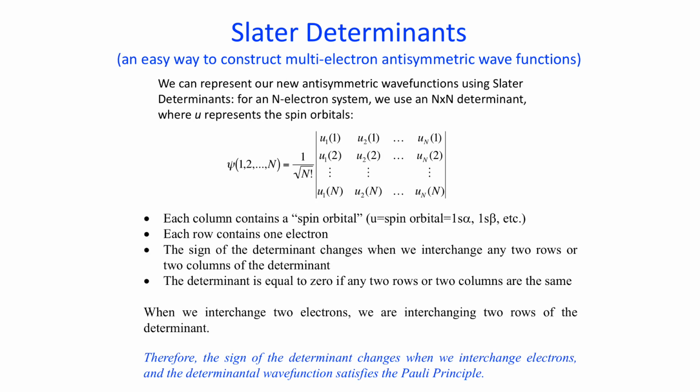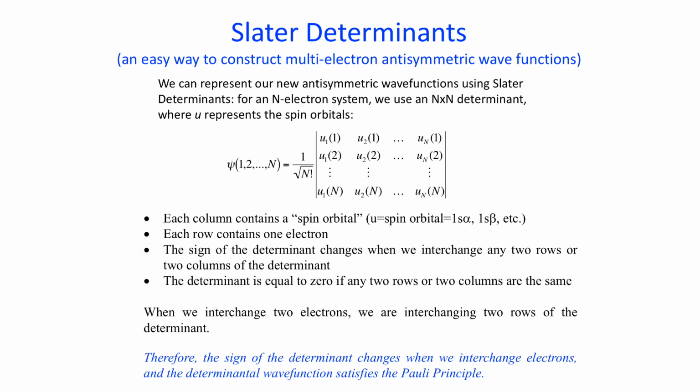When we interchange any two rows or two columns, that's the same as interchanging any two electrons with one another. When we do that, we need that anti-symmetric situation where the sign of our function changes upon the interchange of any two electrons. The determinant satisfies that.